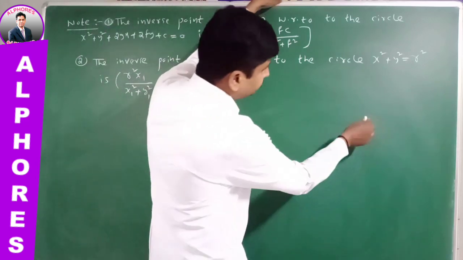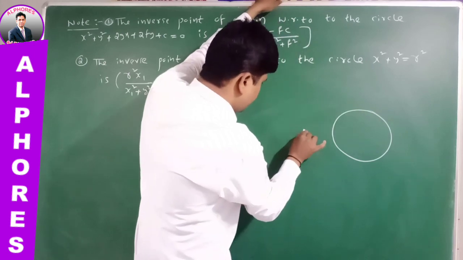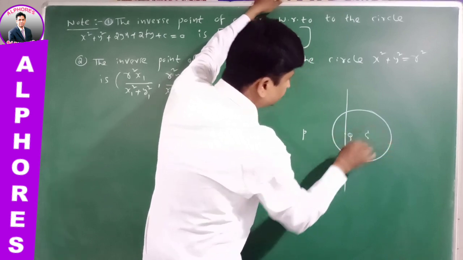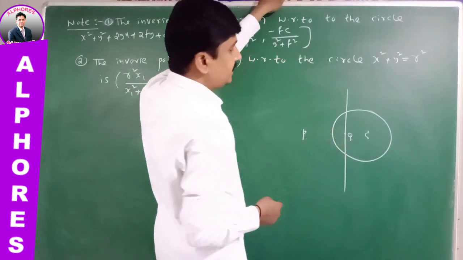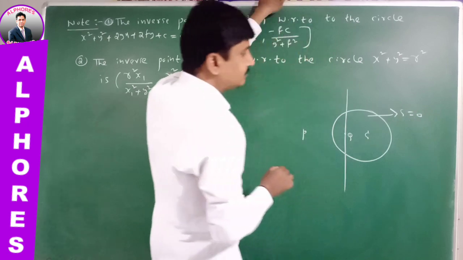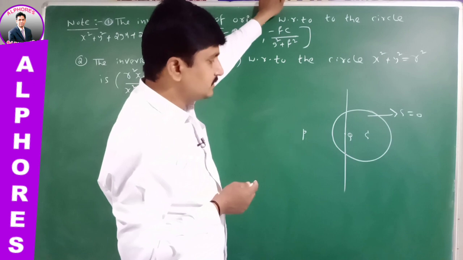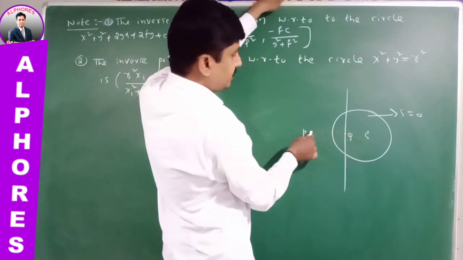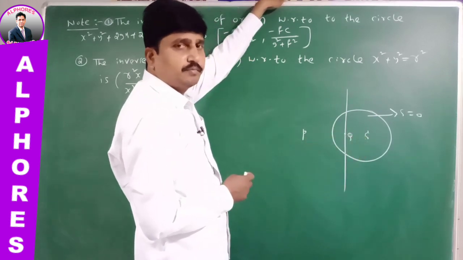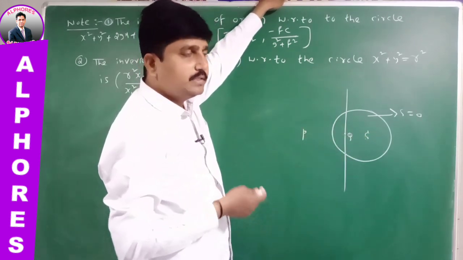Suppose P, Q are said to be inverse points with respect to the circle S equal to 0, having center at C and radius r, if C, P, Q are collinear, P and Q lie on the same side of C, and also CQ into CP equal to r square. So these are the conditions.